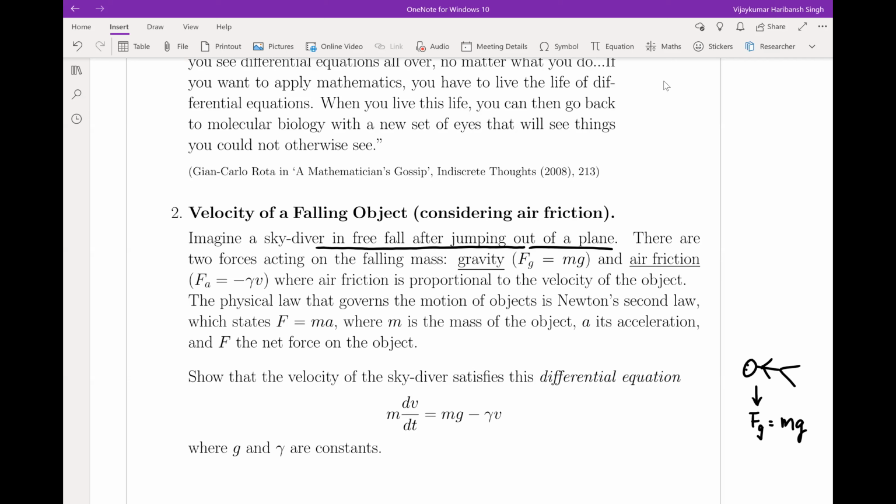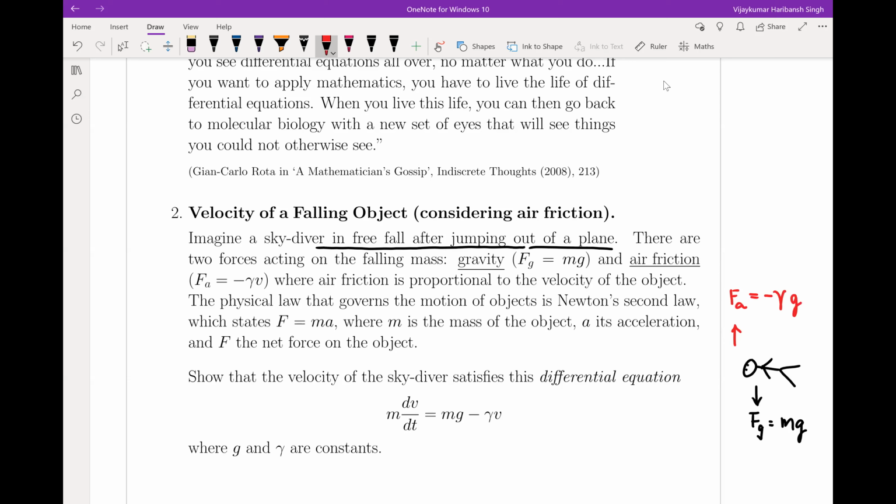And there is a force acting in the other direction, which is the drag or the friction. That force is directly proportional to the velocity. In fact, it is given by minus gamma v, where gamma is a drag constant. So gamma is a constant.